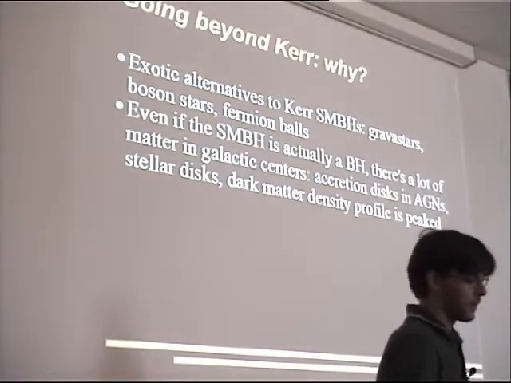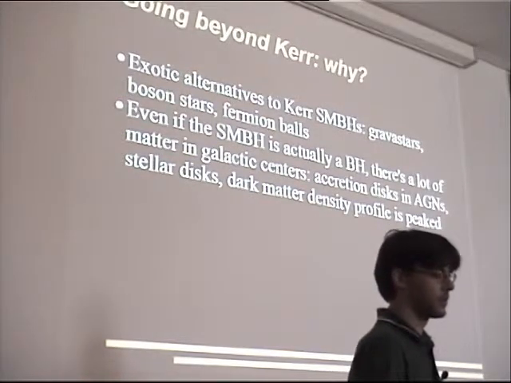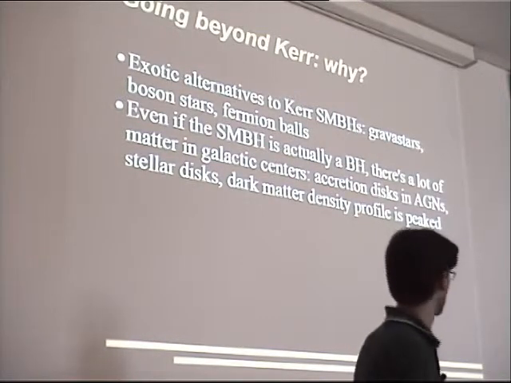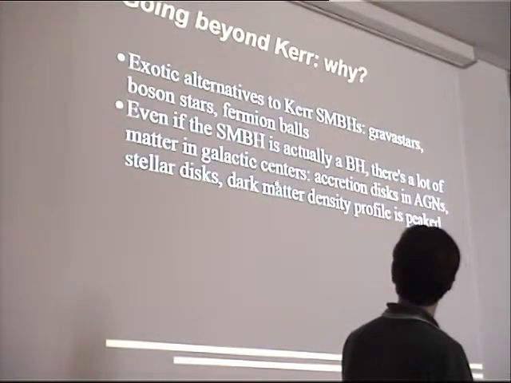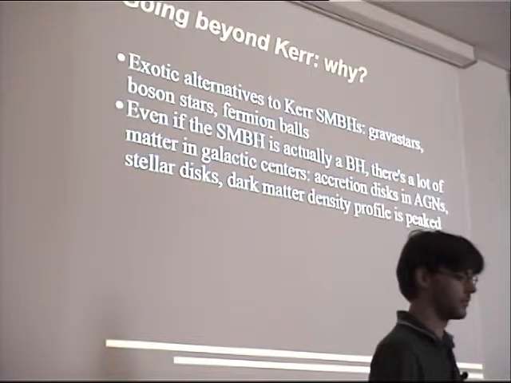Then, even if the supermassive black hole is actually a Kerr black hole, there's a lot of matter around it: an accretion disk in AGNs, stellar disks. The dark matter density profile is peaked in the center of the galaxy, although I learned yesterday that dark matter shouldn't play a major role in the galactic center. At least it shouldn't be influencing EMRIs in a strong way.